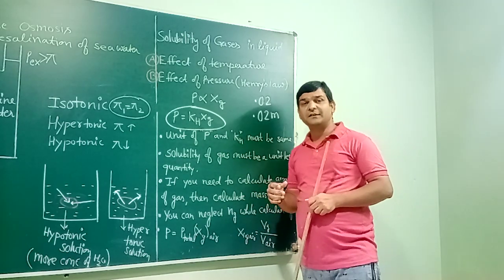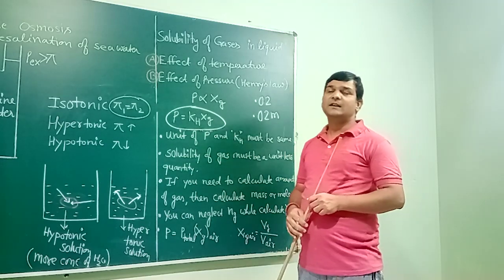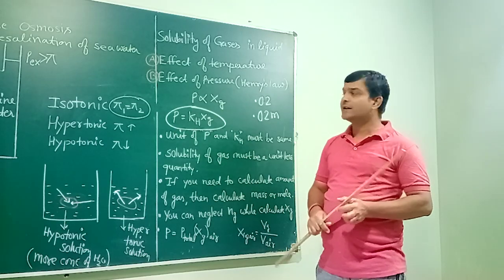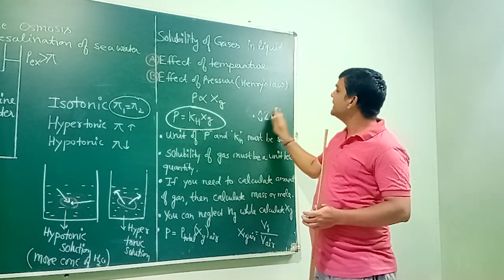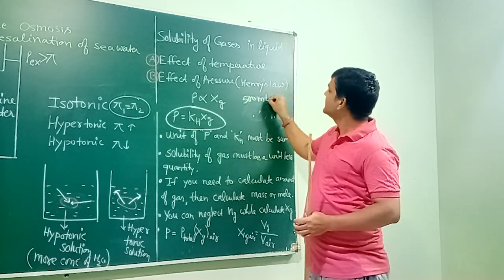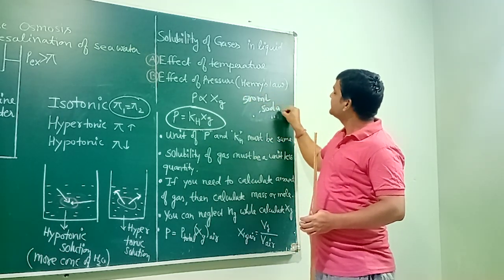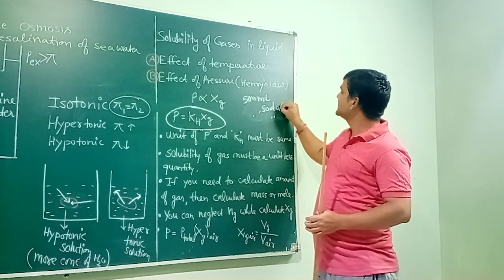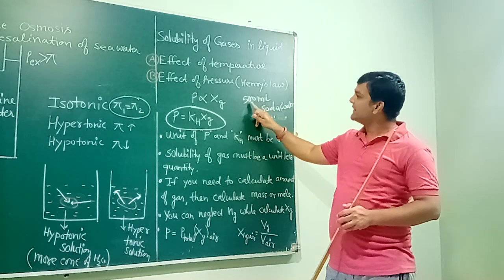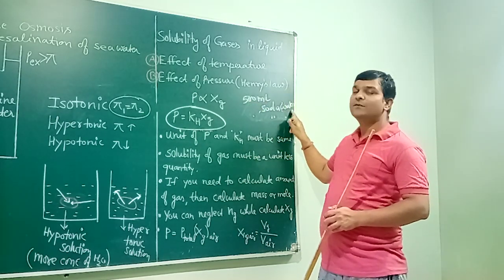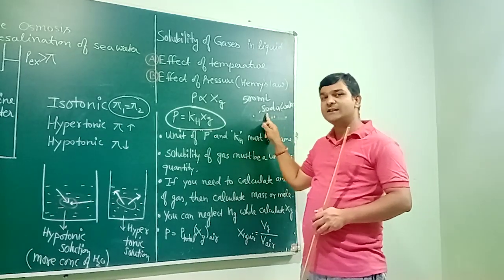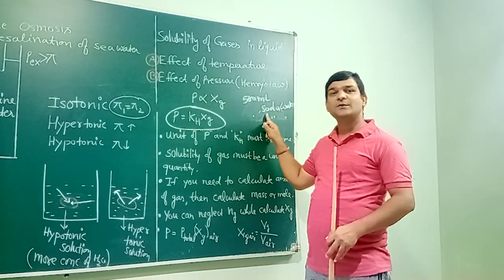Here I also wish to tell you that if you are asked to calculate the amount of carbon dioxide in 500 milliliter soda water, this 500 milliliter soda water means it is a solution of carbon dioxide in water. You can read this as 500 milliliter water, because the amount of gas is always negligible as compared to the amount of liquid.